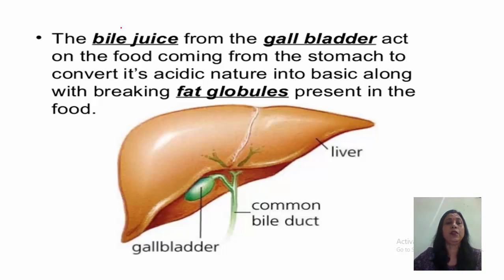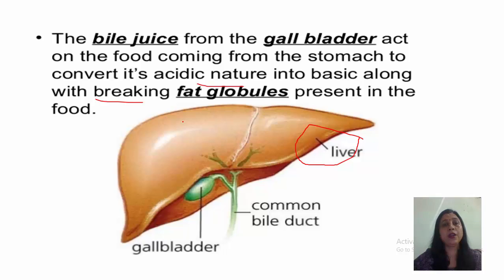Then the bile juice. Now from the stomach the food has reached the intestine, but before that we must discuss the function of the liver. This is a gland, the largest gland in the human body, and the bile juice from the gallbladder acts on the food coming from the stomach to convert its acidic nature into basic. In the mouth the food was basic in nature, in the stomach it was made acidic by the action of dilute HCl.